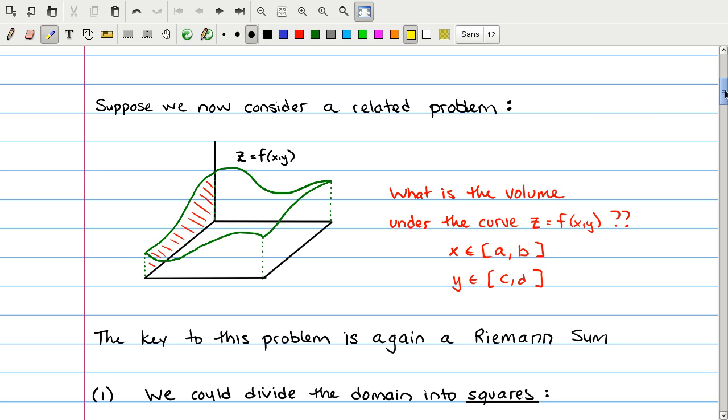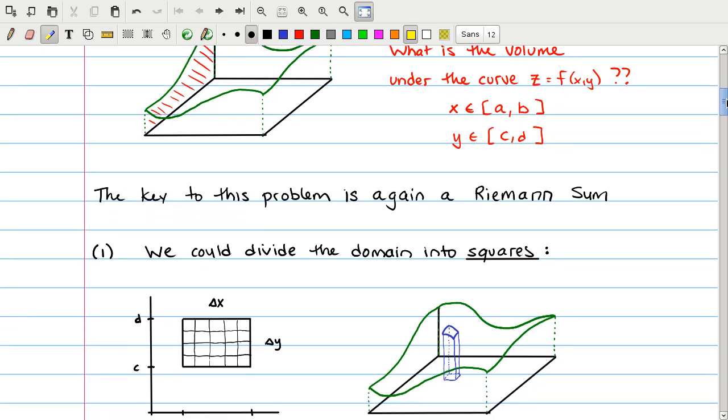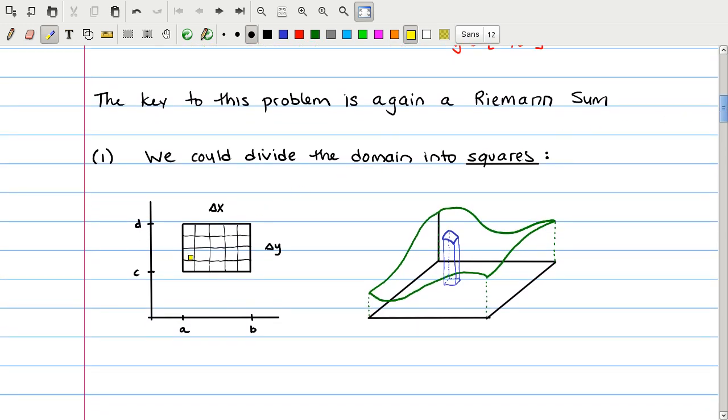The way we answer this question, again, is to go back to basics, Riemann sum basics, and construct a limit definition. So we take the domain, assuming we have some rectangular domain from a to b in x and from c to d in y, and we divide it into squares. We cut that into little squares, and here's one square. Then we go over here to the function, and we project that square up onto the surface, and we get some little piece of the surface.